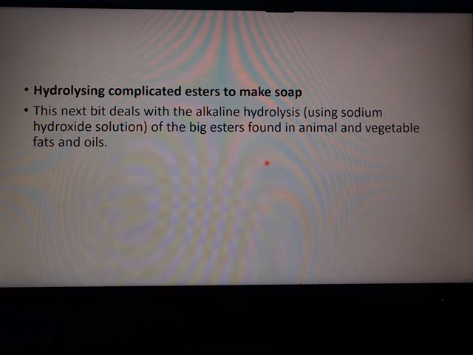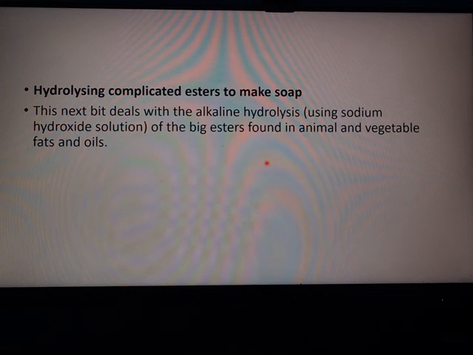So this reaction is very useful, and indeed it's been done for hundreds of years, reacting sodium hydroxide, also called lye, with fats like animal fats or vegetable fats, and then we make soap.